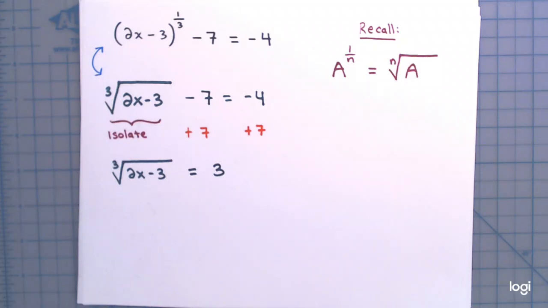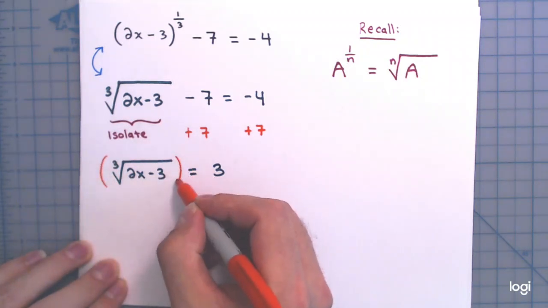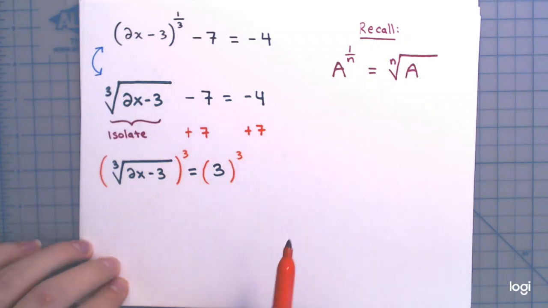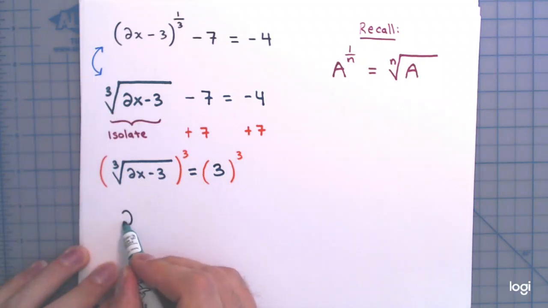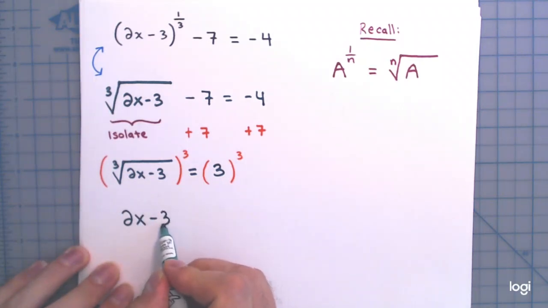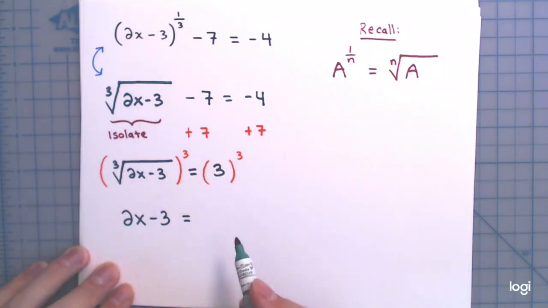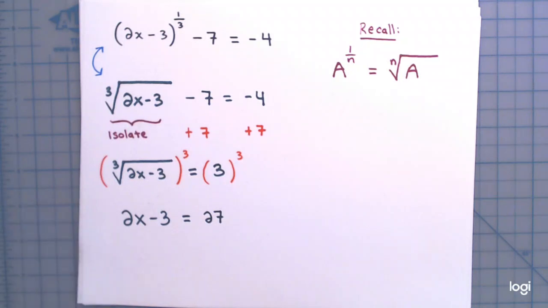Once the radical is isolated, I raise both sides to the index power, the 3rd power. And that undoes the radical on the left side, leaving me with the radicand, the 2x minus 3, equals, and then on this side, 3 to the 3rd power is +27, 3 times 3 times 3.